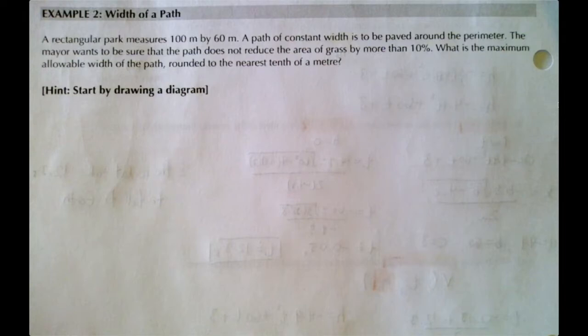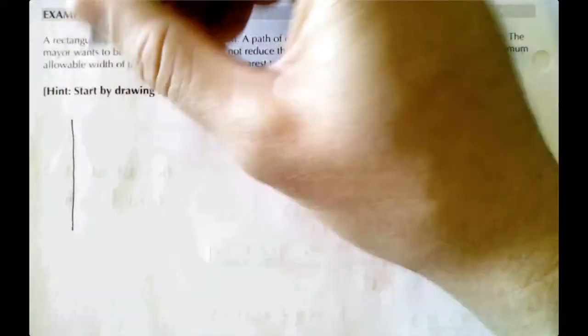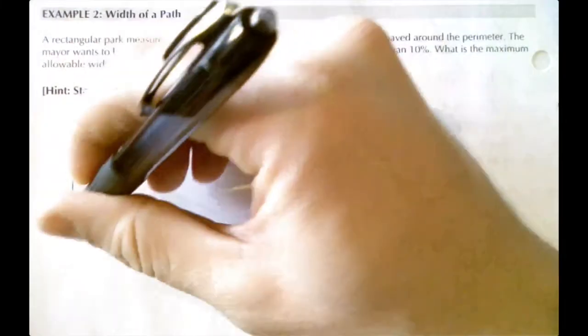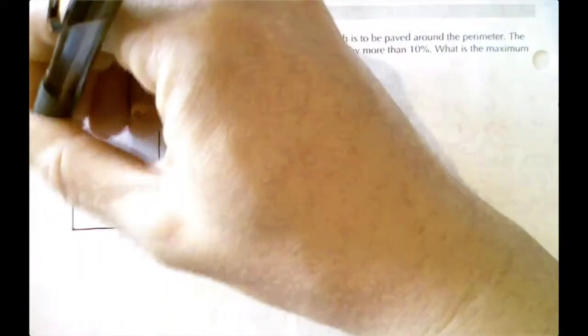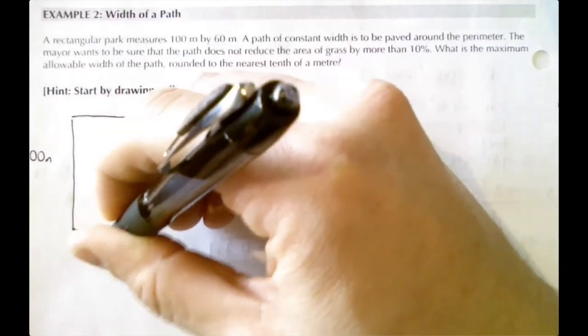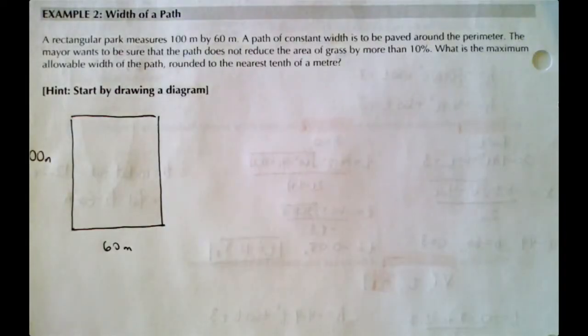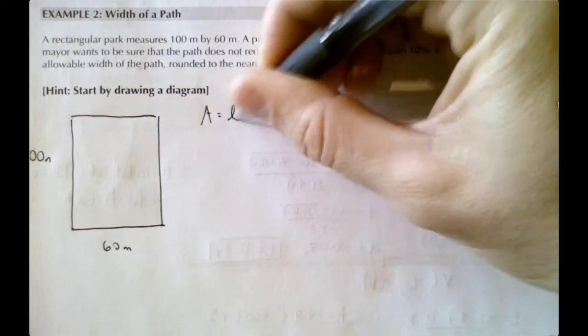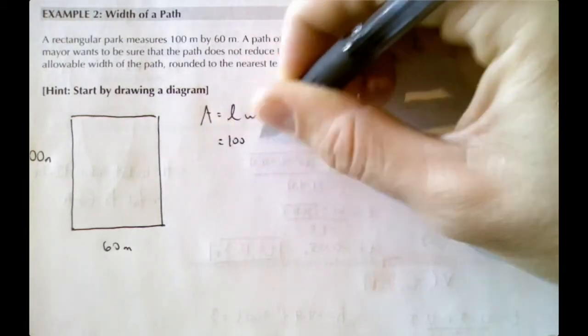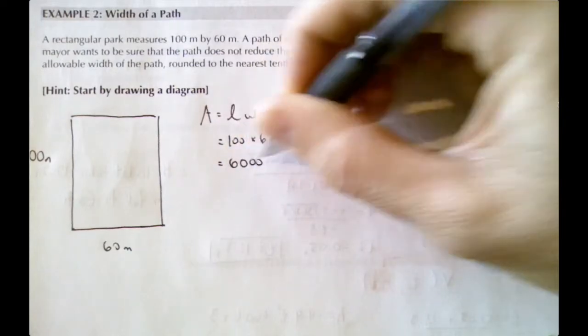Well, this is a little bit of a tricky question. Let's try to draw a diagram. So we have a rectangular park that's 100 by 60. And the area of this park would be length times width, which is 100 times 60, which would be 6,000 meters squared.